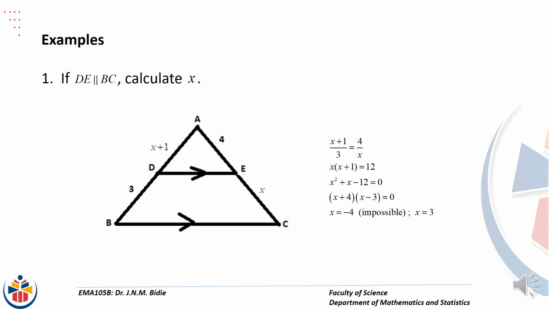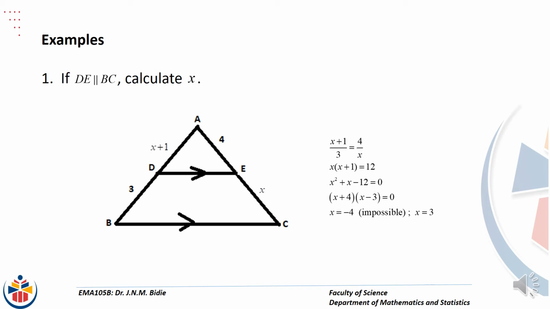Let's do some examples. The first one, we have here DE, a line parallel to the third side of the triangle, cutting the other two sides in proportion.